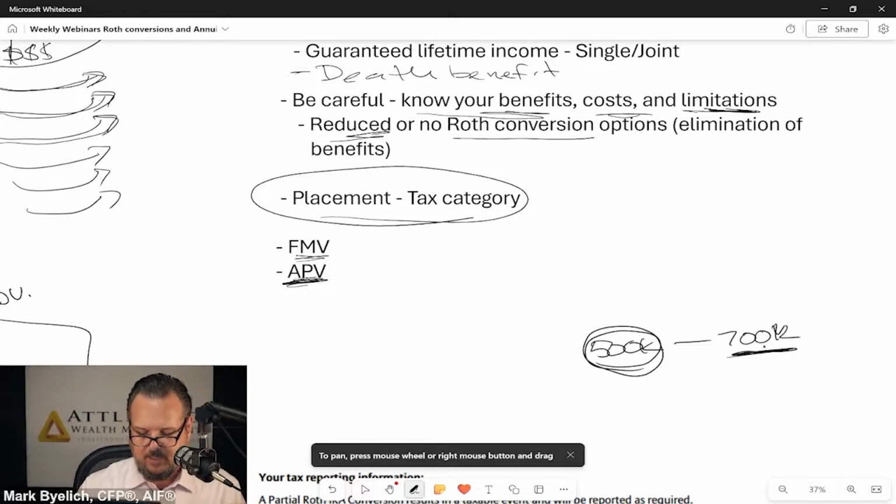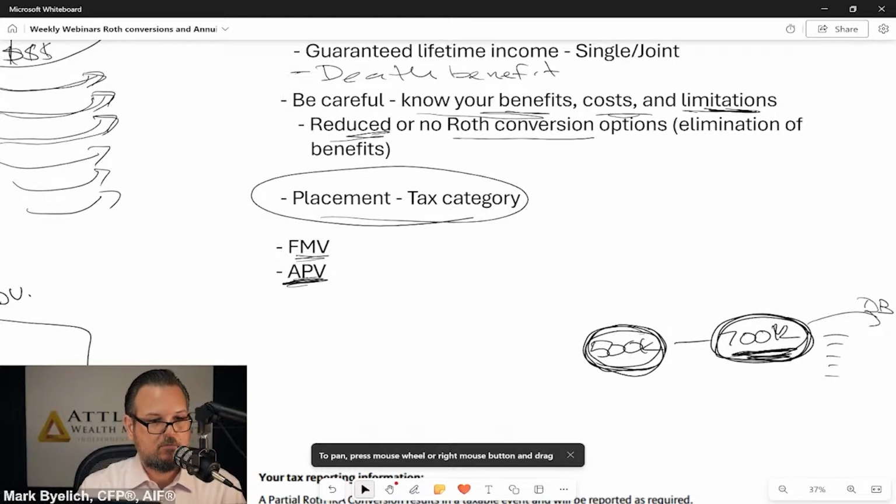They say, well, wait a minute. You or someone else, your heirs, are going to have a benefit of this $700,000, whether you take it as lifetime income distributions or whether it passes to your heirs via death benefit. So we're not going to let you pay tax just on that $500,000 when there's a future benefit of a much greater amount.